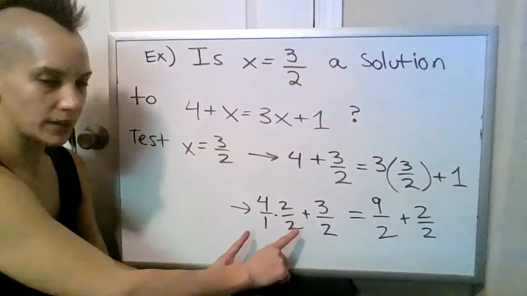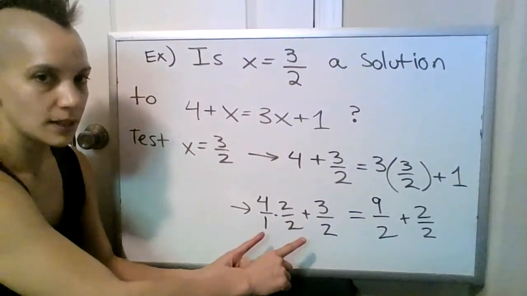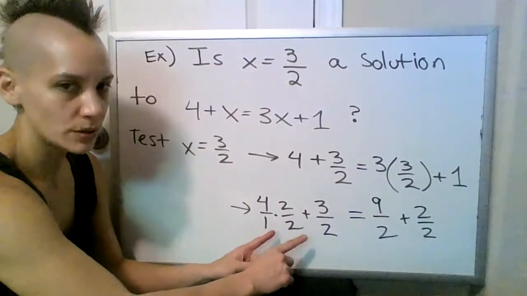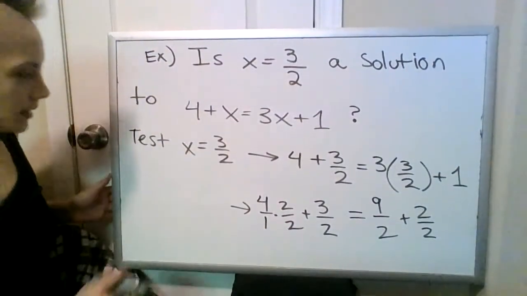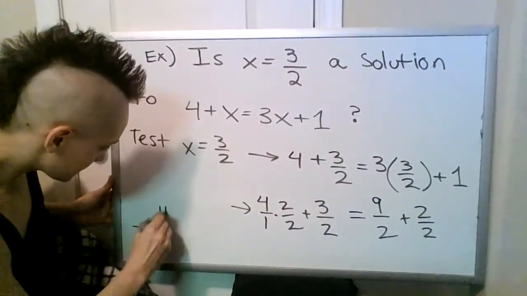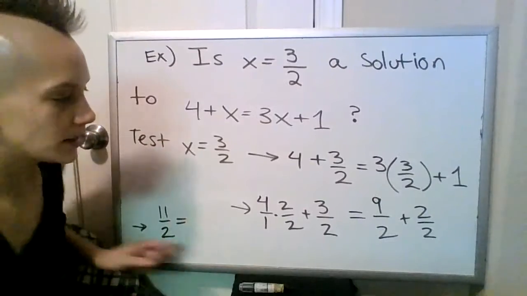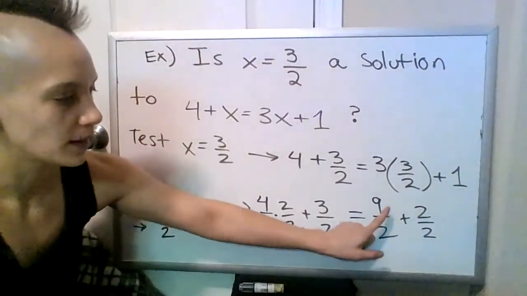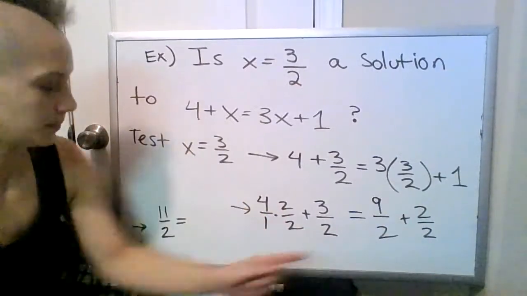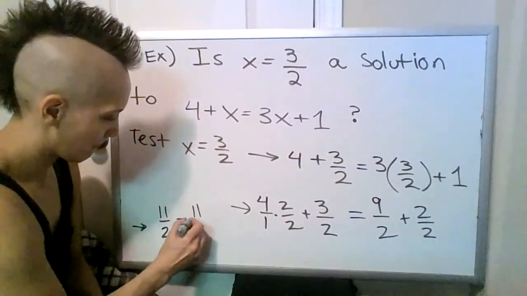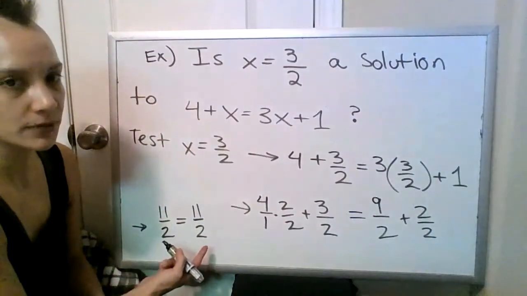Okay, so we're going to go back over here and just work with this addition. So 8 halves plus 3 halves, so 11 halves. On the right side of the equal sign is 9 plus 2 over 2. So we've got 11 over 2. 11 over 2 equals 11 over 2.